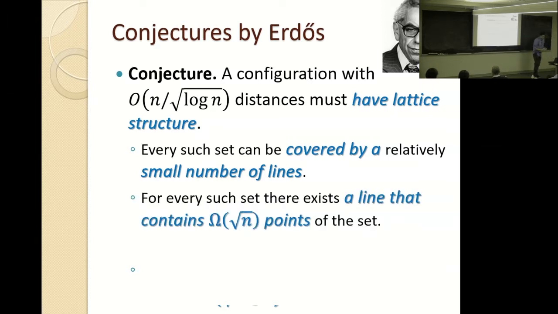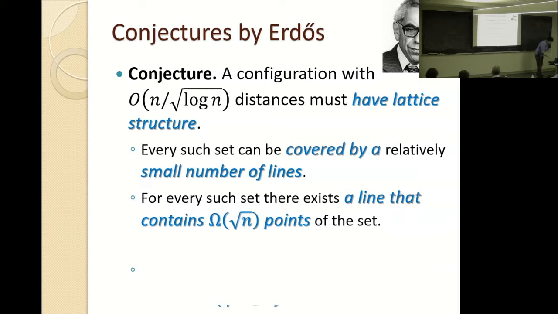So Erdős conjectured, maybe we can show that if a set has a small number of distances, there will be a line that contains square root of n points. And this is every example that we know with few distances. There are many lines with square root of n points. Still, no one has any idea how to do such a thing.